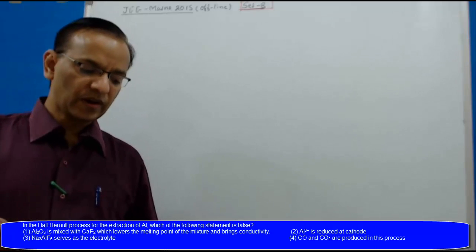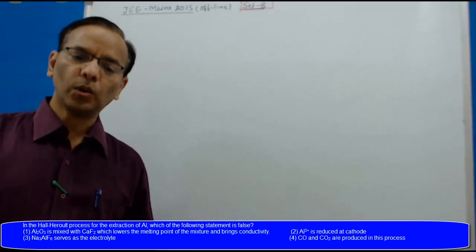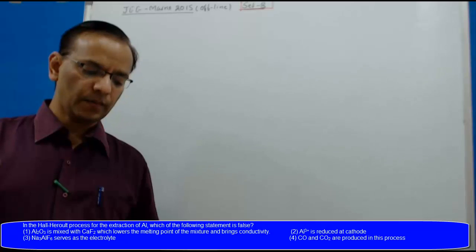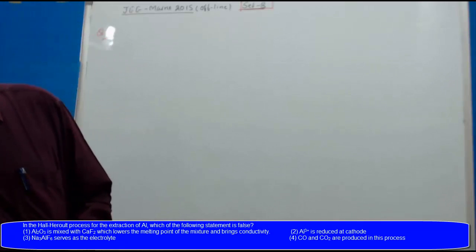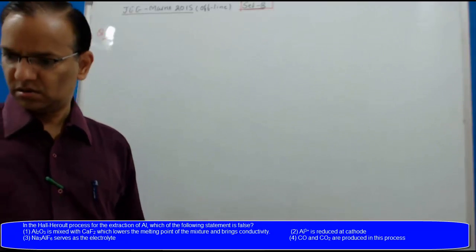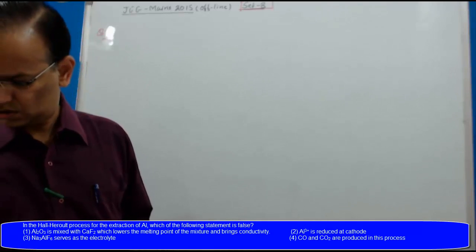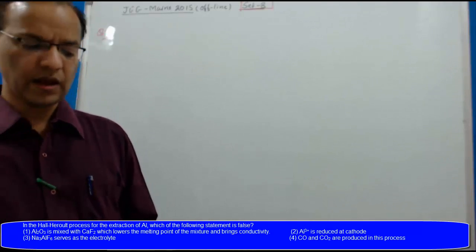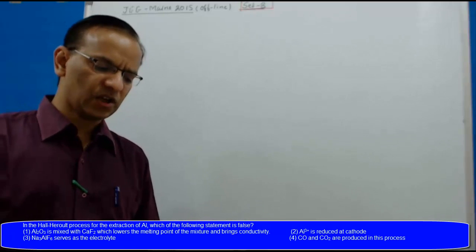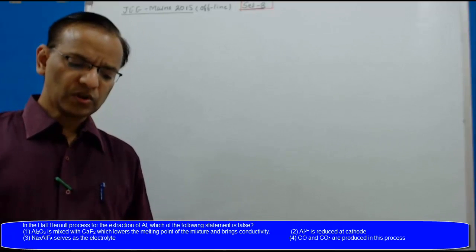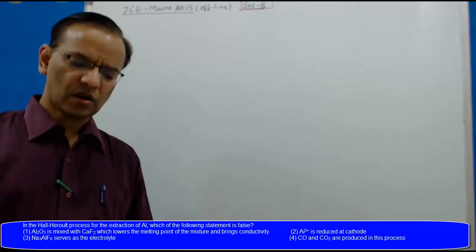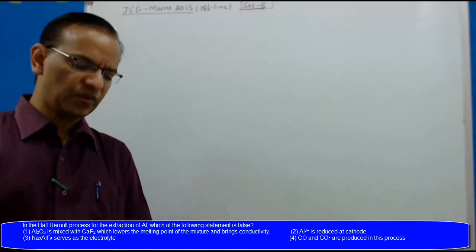The first statement is that Al2O3, aluminium oxide, is mixed with calcium fluoride, which lowers the melting point of the mixture and brings conductivity. That is correct.